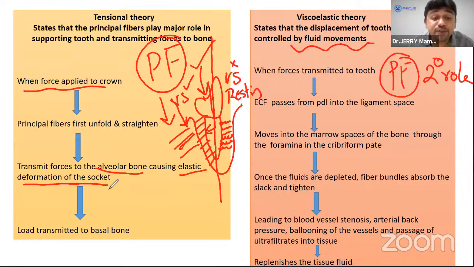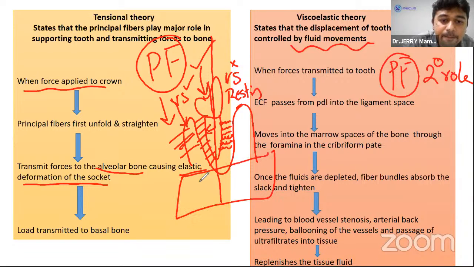But sometimes the forces will be too much for the alveolar bone also to take up. So what does the alveolar bone do? The alveolar bone is based inside the basal bone. That means your mandible as such.